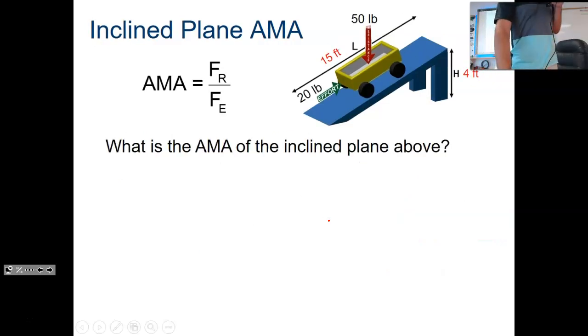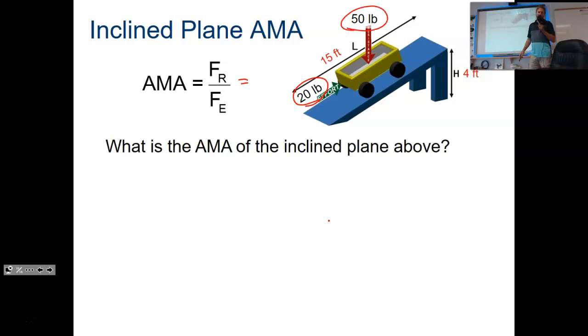Now, actual mechanical advantage. It's the force of resistance divided by the force of effort, and that one sometimes confuses me. When I look, I see 20 and I see 50 for the forces. Which one goes for the FR? What's easier for me a lot of times is the force of effort. I know that one's 20.